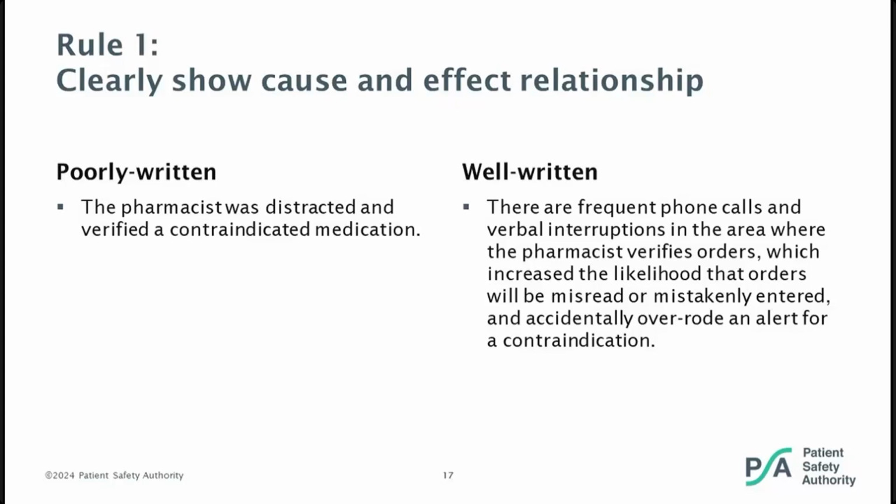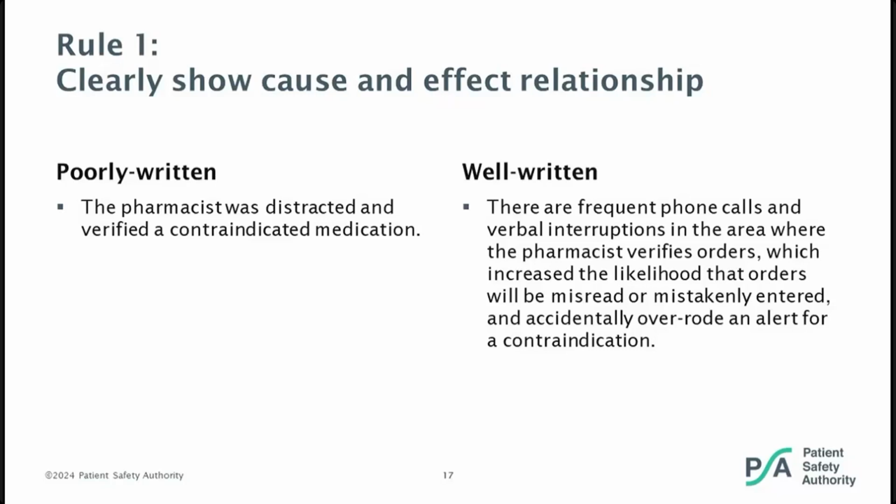So that's our environment. We've created that situation. What has actually happened is that the pharmacist accidentally overrode an alert for a contraindicated med. The same kind of thing: we don't want to say that the nurse was fatigued. We want to say that the nurse was fatigued from working 4 12-hour shifts in a row, which led to an increased level of fatigue, which increased the likelihood that she would administer the wrong medication.